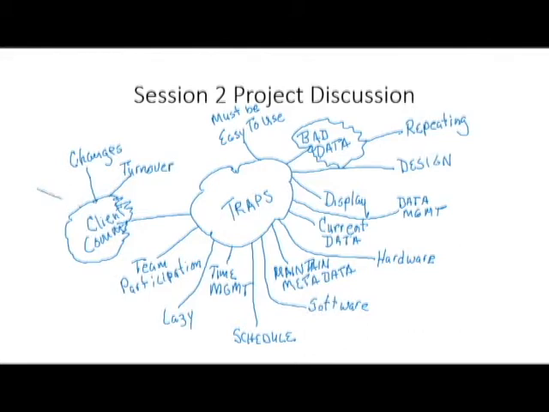What else? How about client knowledge? What do we know about our client right now, by the way? Nothing. Very little. Yeah.